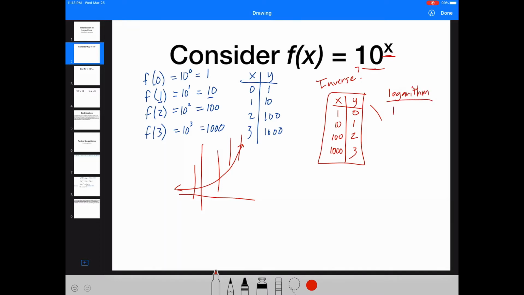Now, in mathematics, it's usually just written as log with some number as the base. The number for the base is not going to be 0. It's always a positive number. But the number for the base is generally going to be, at least for SL, either 10 or e.